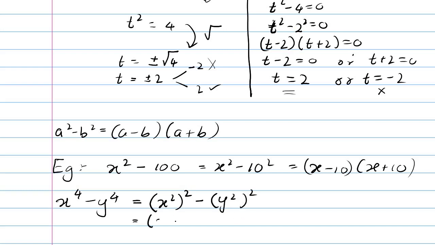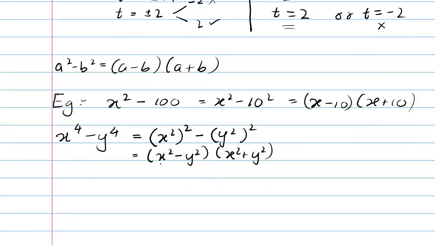So you get x squared minus y squared times x squared plus y squared. Now again you have x squared minus y squared itself, right? We can write this as x minus y, x plus y, and x squared plus y squared. So this is a nice way of using that formula.